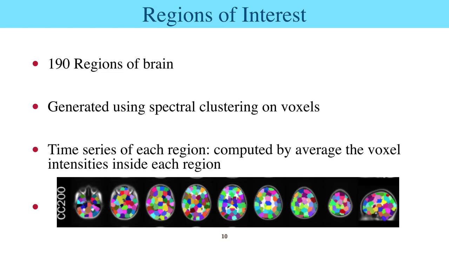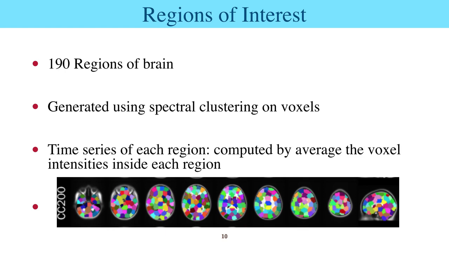Usually, researchers prefer to work with regions in the brain instead of small voxels because working with a large number of small voxels adds noise and it's also really time consuming. So the competition also provided the data in terms of regions of interest.